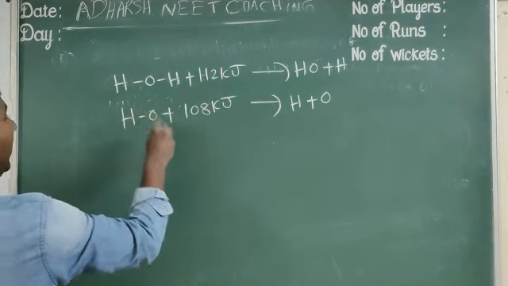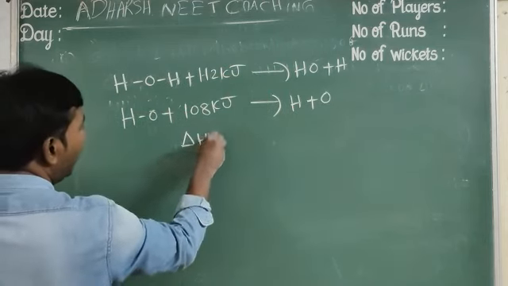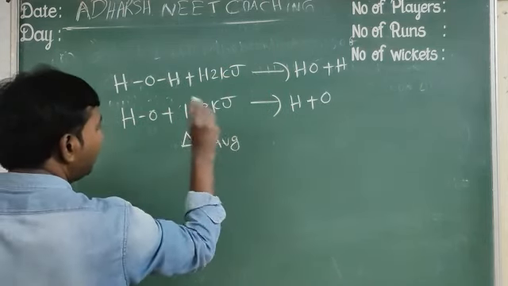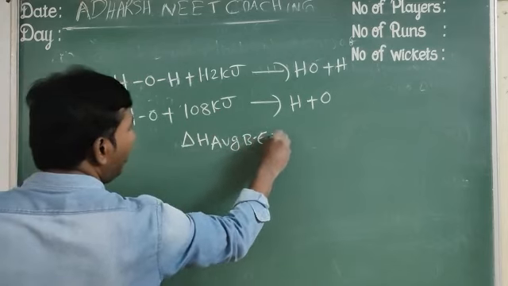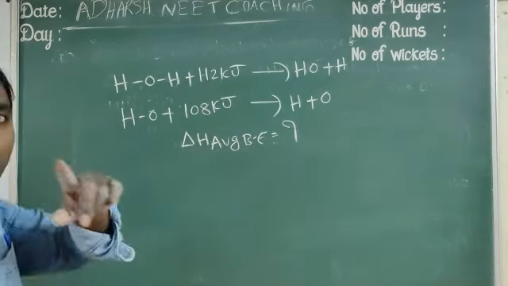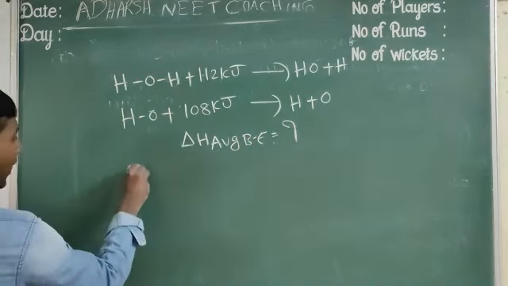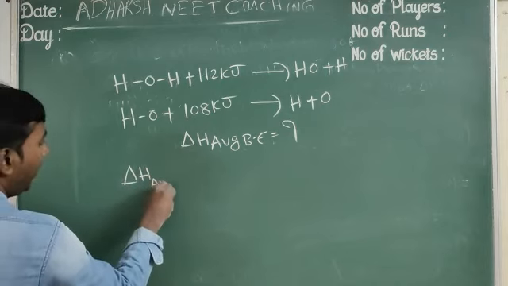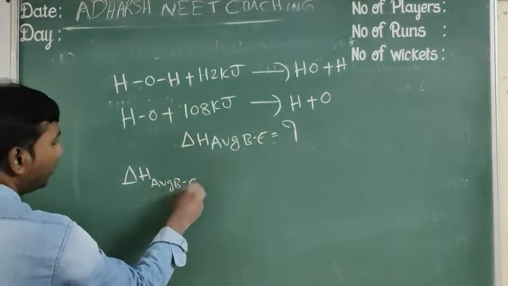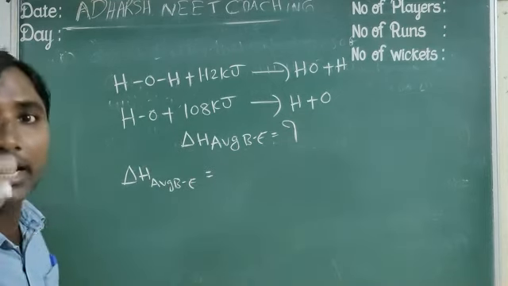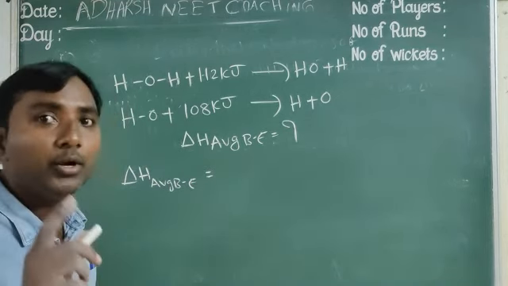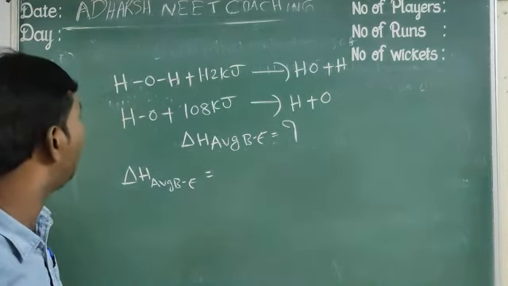What is the average bond energy? Then, what is the formula for average bond energy? Total energy required divided by the total number of bonds dissociated.